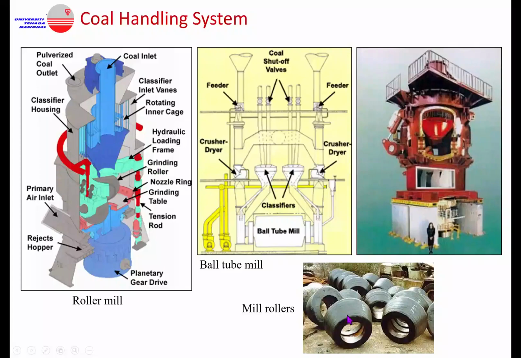That's why I mentioned in the previous lecture that the HGI, the Hardgrove Grindability Index, for the coal is important. We need to know the hardness index of the coal, because it will damage our roller if the HGI is above a certain limit.